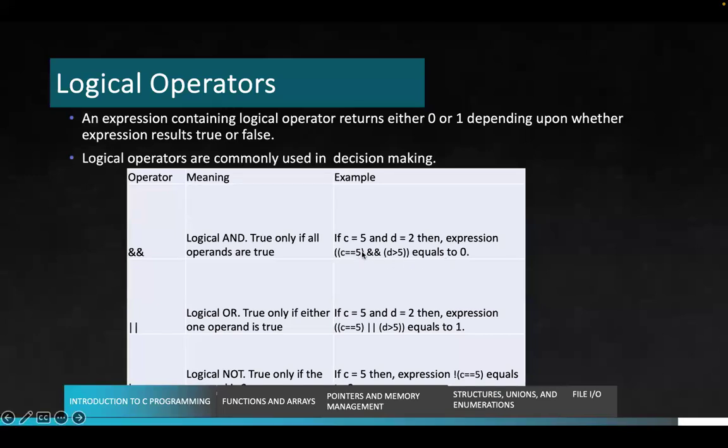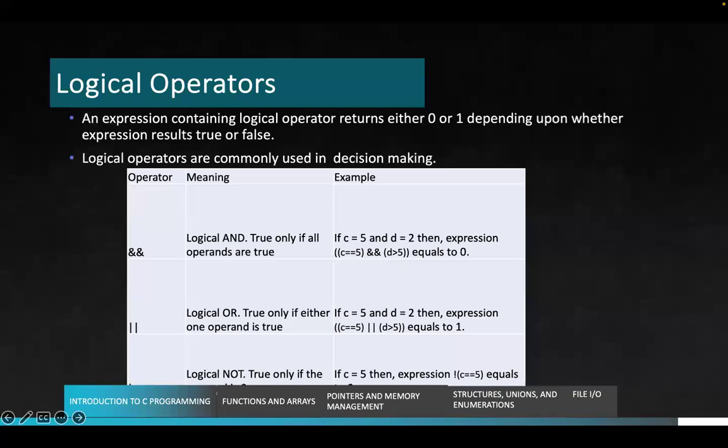Reason: both are not valid. C equal to 5 is true, but D is wrong; 2 greater than 5 is wrong. So the logical AND operator works only if both are true. In all other cases, it is false, right? So here our judgment of the instruction is 0.